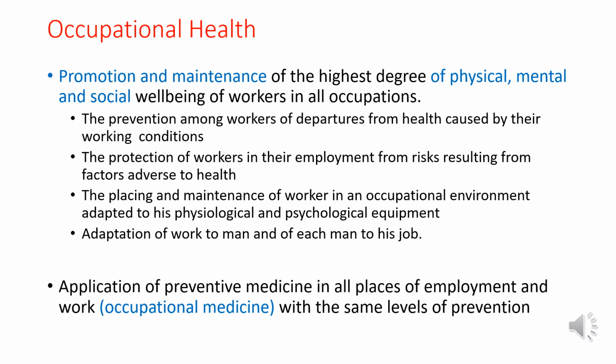It involves the prevention among workers of departures from health caused by their working conditions, or the protection of workers in their employment from risks that are averse to health, the placing and maintenance of workers in an occupational environment adapted to his or her physiological and psychological equipment, and adaptation of work to man and of man to his work. So this is in brief the occupational health.